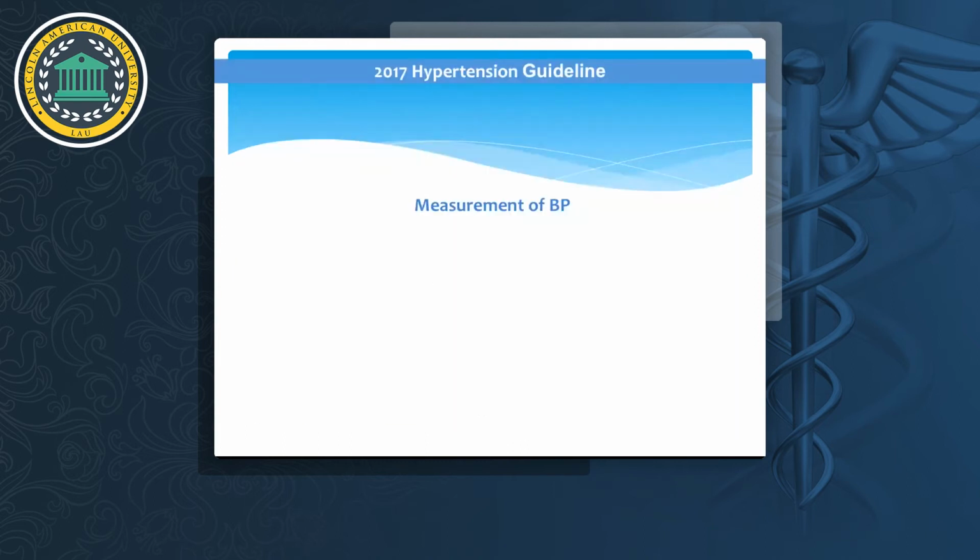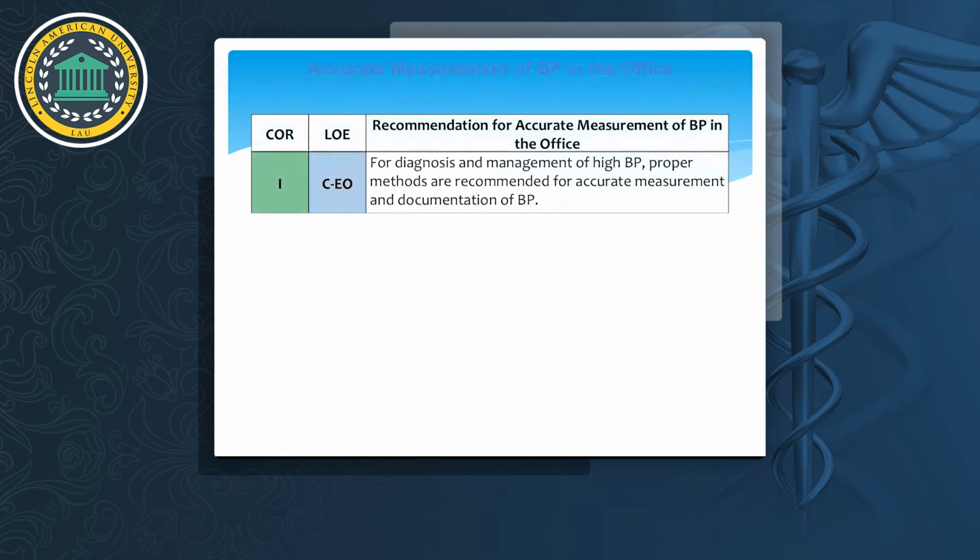Now, as we discussed, there are conditions where you can presume that the patient has refractory or resistant hypertension, but we're missing the proper way of measurement of the blood pressure. So this is what the guidelines say: the class of recommendation, the level of evidence.